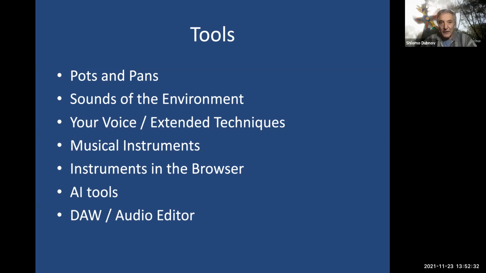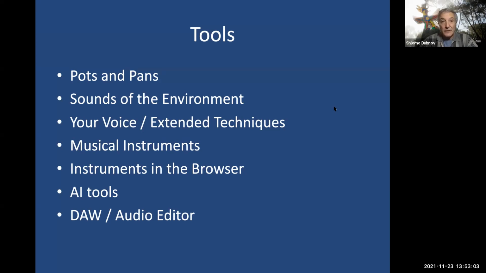You can record sounds of the environment, use your voice, use extended techniques, which means vocalizations which are not singing or speaking, and musical instruments, instruments in the browser, some AI tools that I'll mention. And of course, you use your digital audio workstation, and in our case, we're not using very sophisticated tools, but if anybody has them, please feel free to use them. But an audio editor like Audacity is definitely your tool of trade.